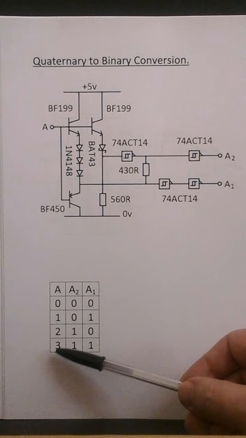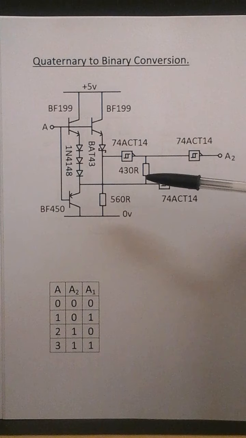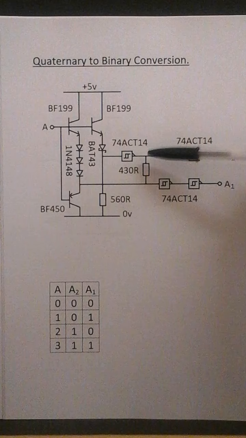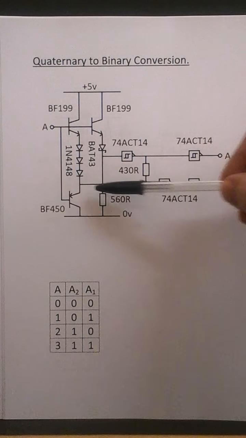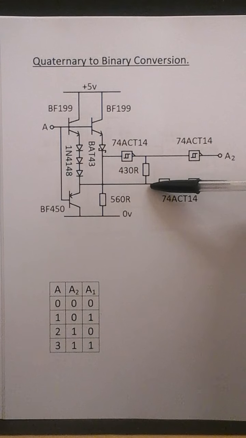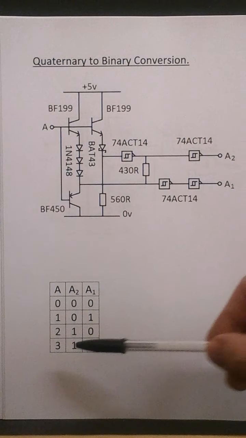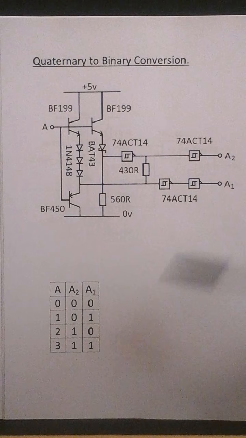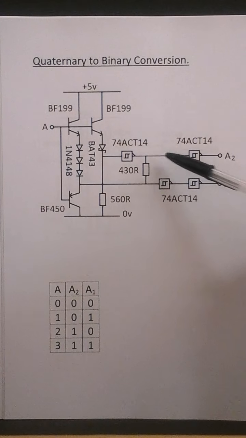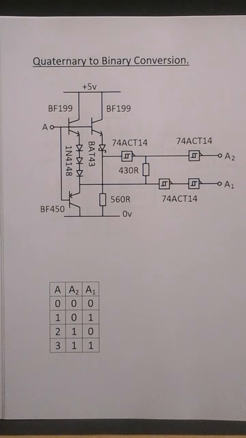And when A moves to a quaternary logic 3, this is a 1. This input moves from a binary logic 0 to a binary logic 1, and this A2 goes to a 1. Of course, A2 remains at 1. So I hope that all made sense. It's a bit difficult to describe, but I hope it made sense.